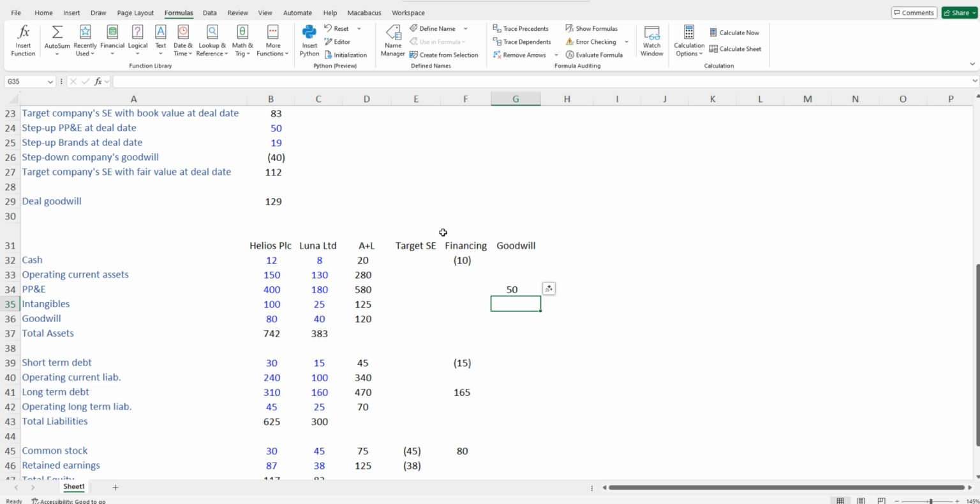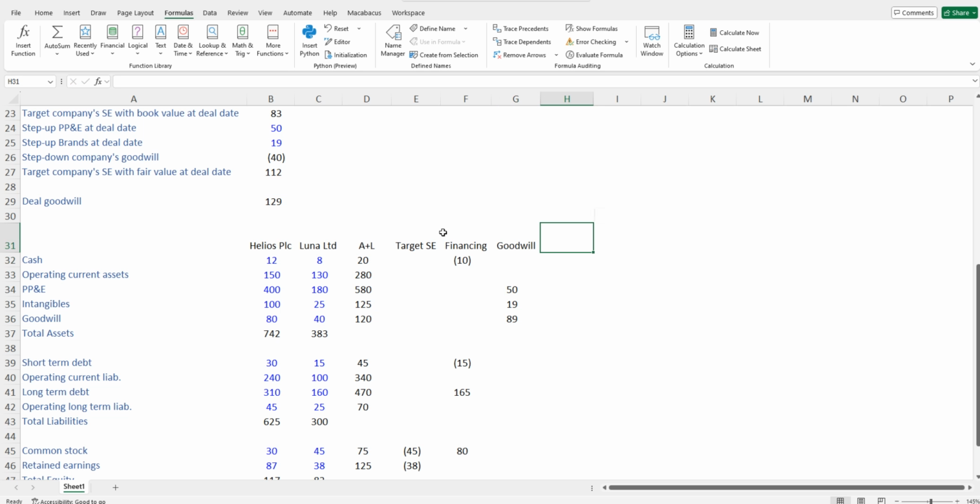Brands are not recognized on the balance sheet here, but we know brands go to the intangible accounts, so I will put that 19 here. Then the goodwill will be the deal goodwill minus the target company's goodwill, which is 89.